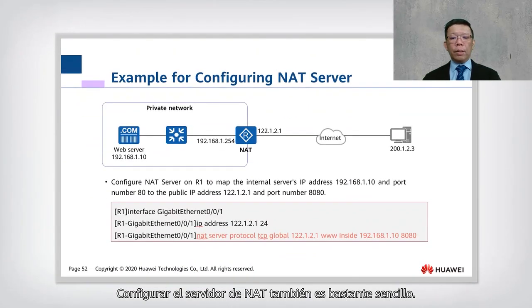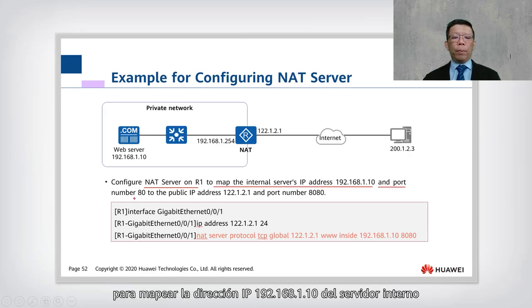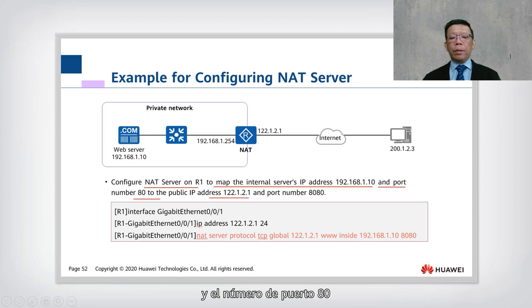Configuring this is also very easy. On the NAT, the configuration will be something like this: configure NAT server on R1 to map the internal server 192.168.1.10 with port number 80 to the public IP address 122.1.2.1 with port 8080. Why do you want to change this number? It means that if 200.1.2.3 is looking for 122.1.2.1 with port number 8080, I'm going to map it to the web server.